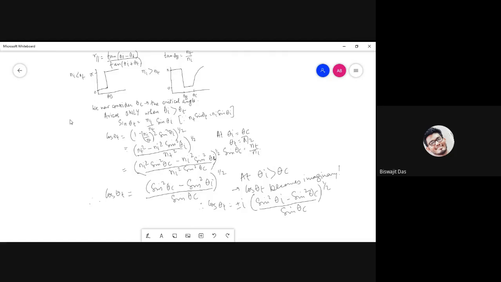The critical angle arises only when theta I is greater than theta t. I'm saying at theta I more than the critical angle. No, you wrote theta I greater than theta t, not theta c.